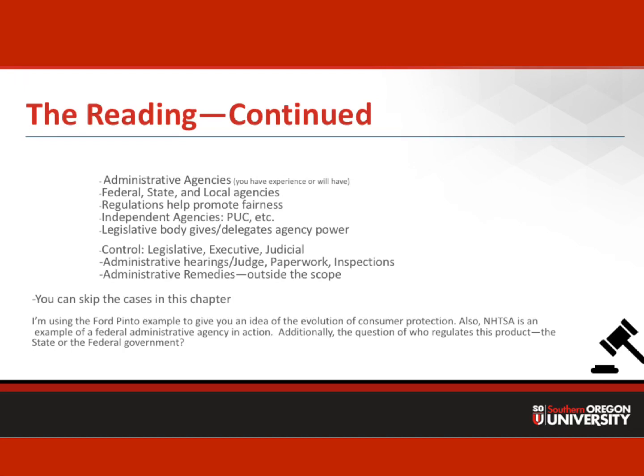So you can see that example through the 60s and 70s and up into present day about how they have evolved to change their outlook on product safety in the automotive industry.